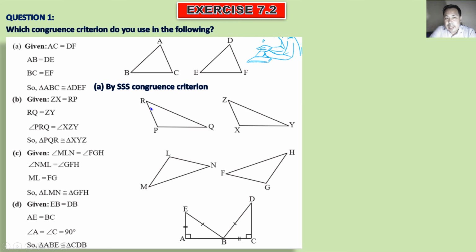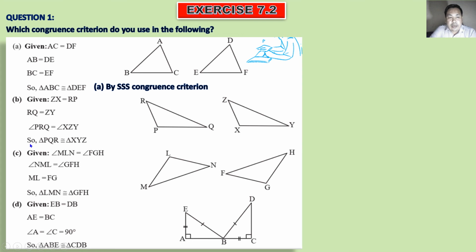That means the angle between the two corresponding and equal sides of the two triangles, isn't it? So here we find that two sides and one included angle are equal in these two triangles. So by what criteria can we say that these two triangles are congruent?